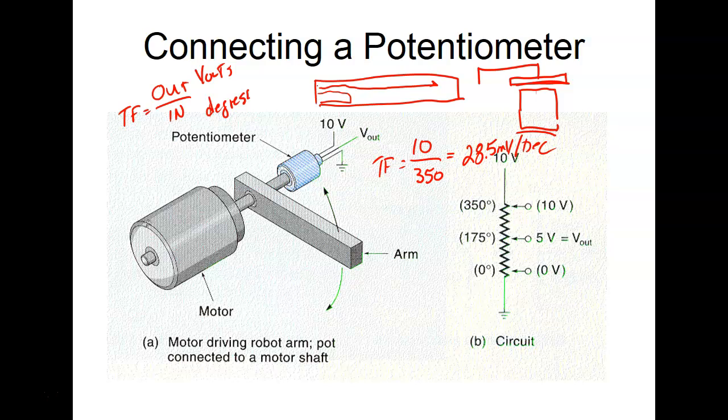What did we get at 30 degrees? 857 millivolts. And what would we get at 200 degrees? 5.7. I knew it had to be above this because I know what half is, right? So that could be right.